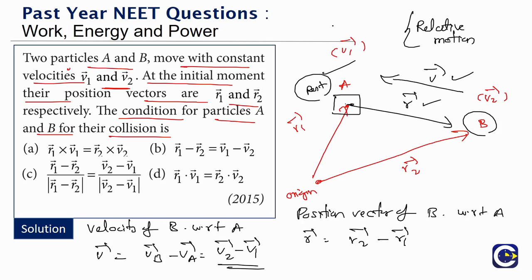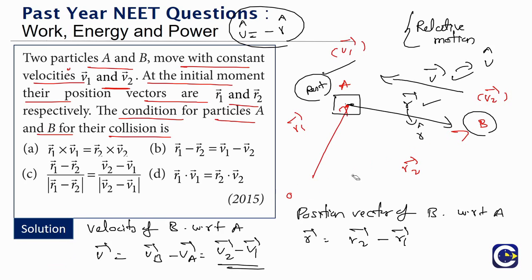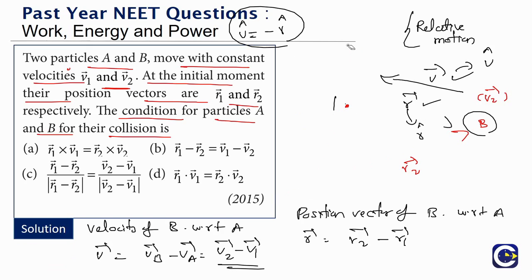Now how do we represent this relation in terms of directions? If we take the unit vector in the direction of v bar as v cap and the unit vector in the direction of r bar as r cap, then the relation we must have is v cap should be equal to minus r cap. Now we will try to understand what these v cap and r cap values are.